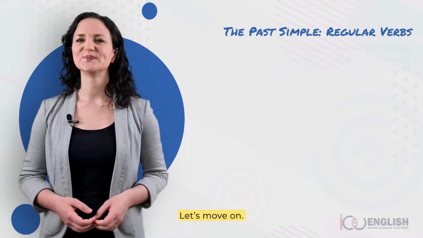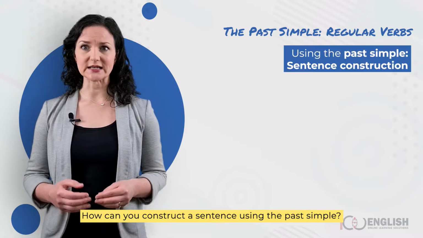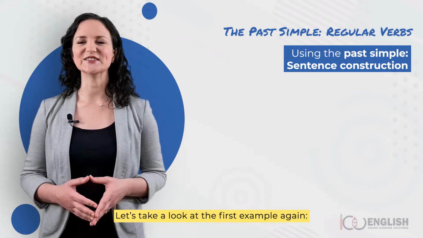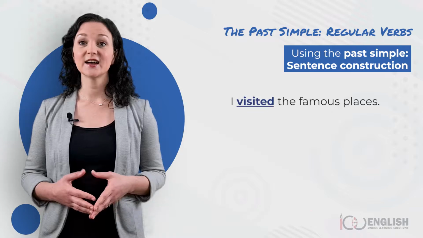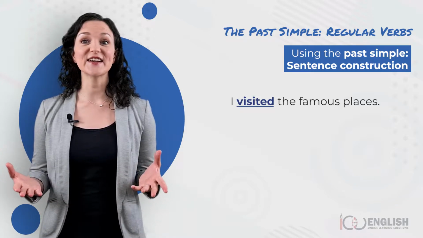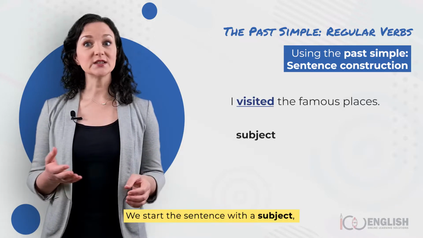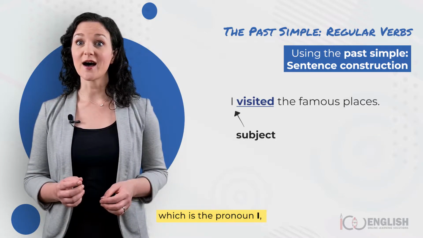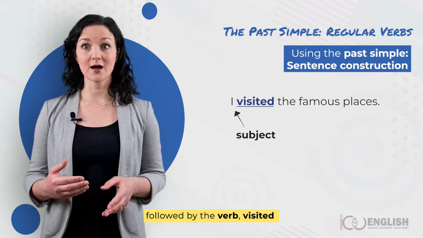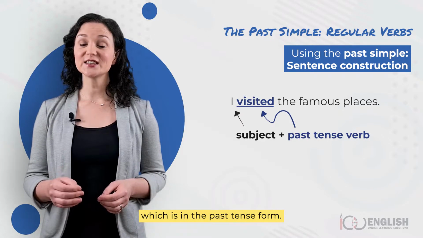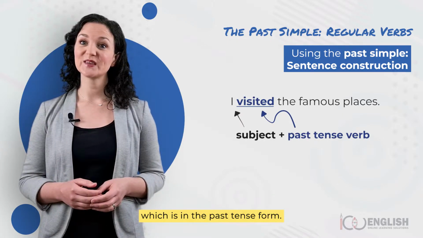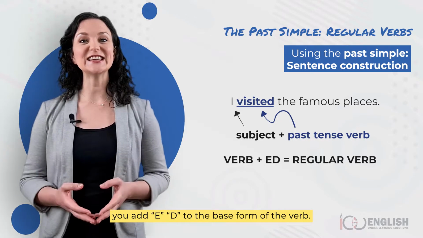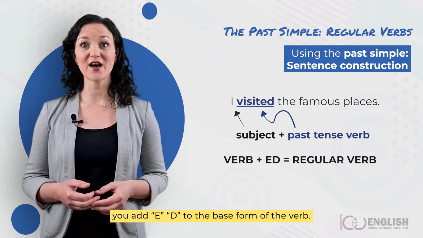Let's move on. How can you construct a sentence using the past simple? Let's take a look at the first example again. I visited the famous places. We start the sentence with a subject, which is the pronoun I, followed by the verb visited, which is in the past tense form. To make the past tense from the present, you add ed to the base form of the verb.